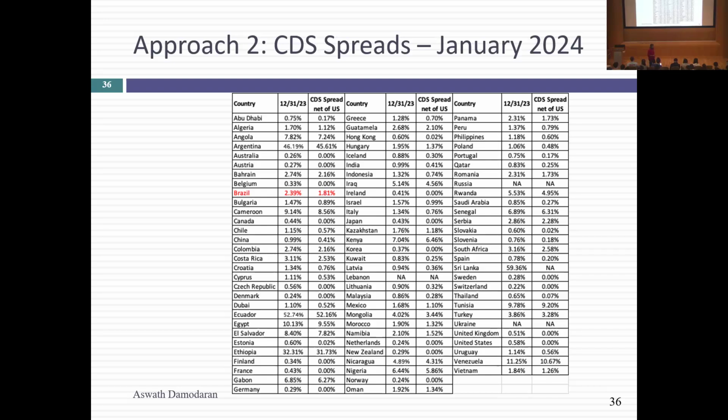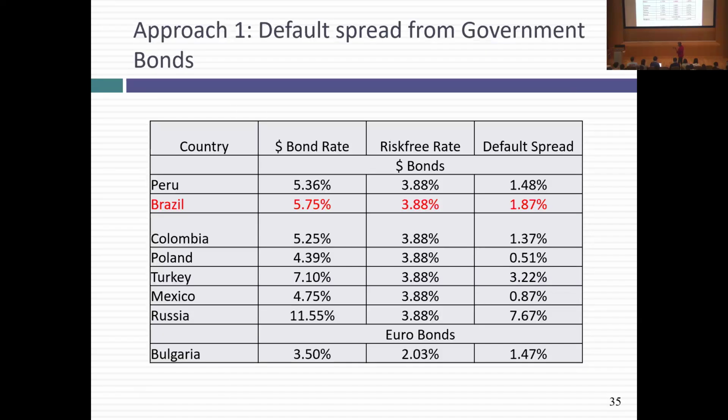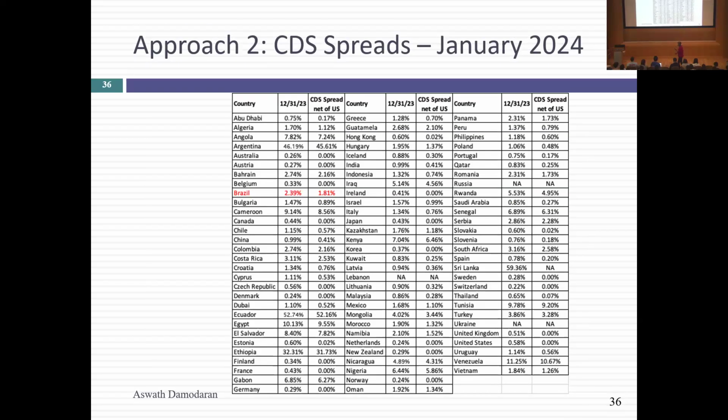And I'm subtracting that 0.58% from 2.39%. Think of that as a risk-adjusted or cleaned up default spread. So at this stage, I have two measures of default spread for Brazil. One is 1.87%. The second is either the 2.39% or the 1.81%, depending on what you take out of the sovereign CDS market.